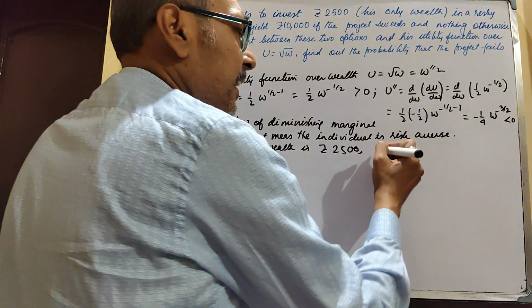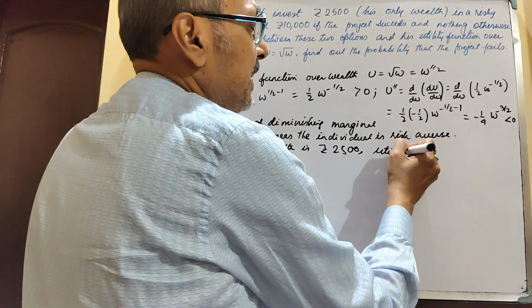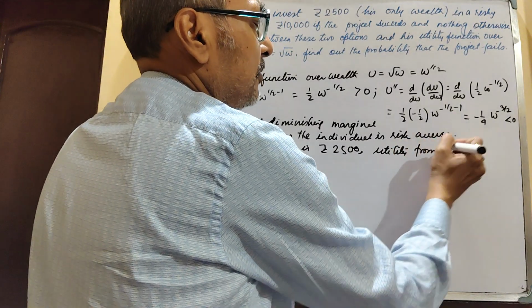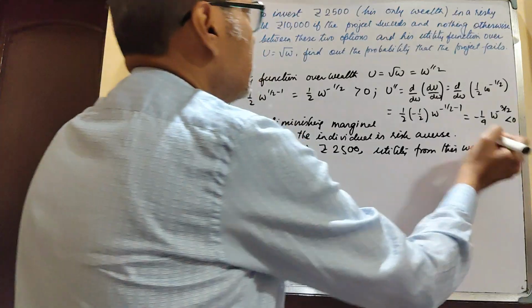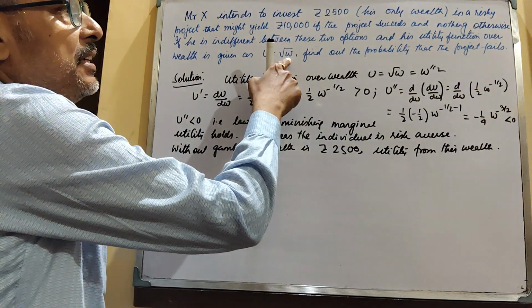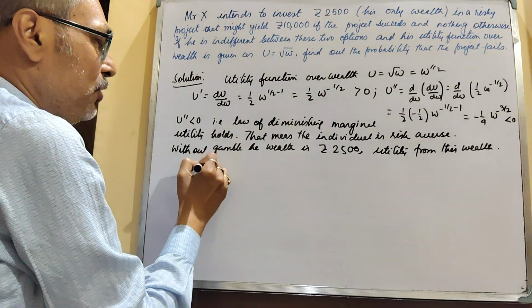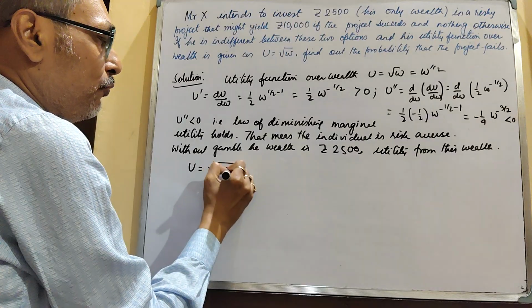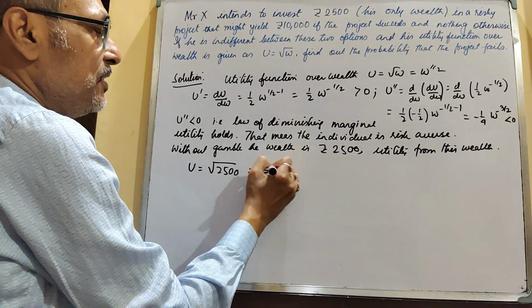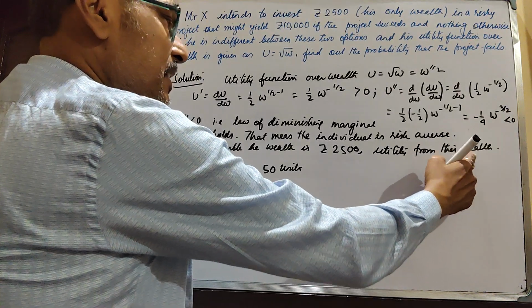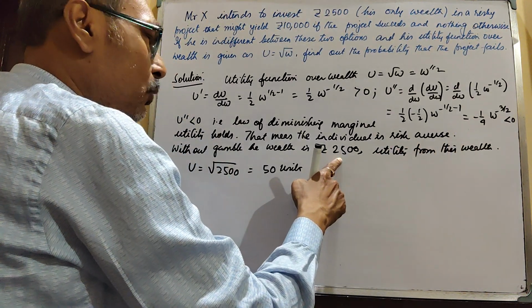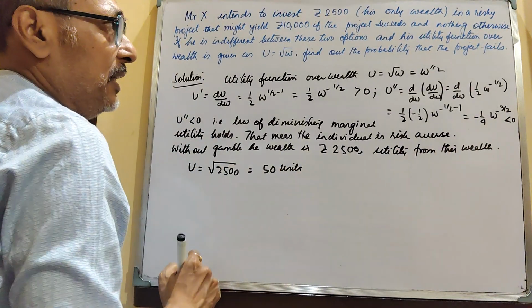Then the utility from this wealth, we substitute the value in place of w. We get u equals under root 2500. This is 50. Utility from this wealth, that is the wealth without gamble, is 50 utils.